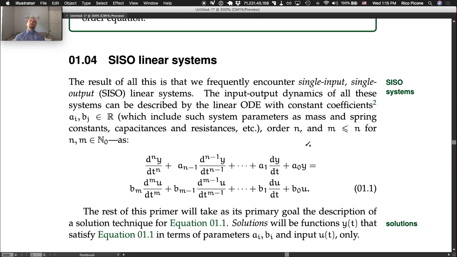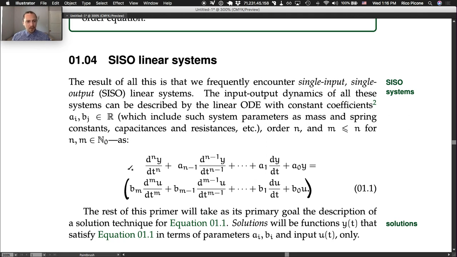Now, our right-hand side, this whole thing, has these derivatives of the input u. And I want to mention that we're not going to really talk a lot about what happens when you have derivatives of your input in this primer. We'll talk about it more in the courses that follow, when that arises and what its significance is.